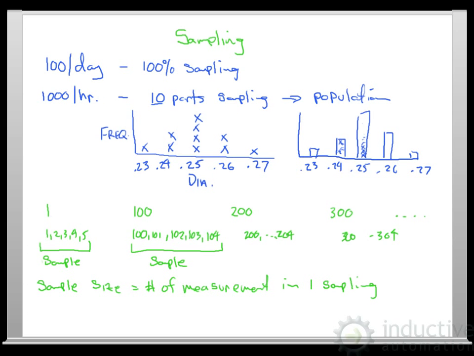So we have how often we do it, which in the Ignition SPC module we call the interval. We'll talk about that more later. And then you have how many measurements, which is your sample size, each time we take a sampling.